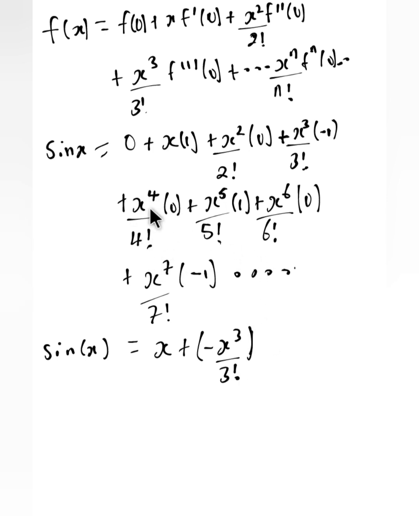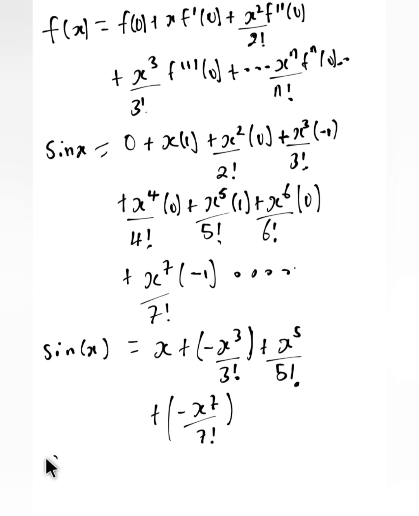Right, 0 times everything here is out of it, plus x raised to power 5 over 5 factorial. Then 0 times what we have here will disappear. 0 times x raised to power 6 over 6 factorial is 0. Then we have plus, minus 1 times x raised to power 7. That will give us minus x raised to power 7 over 7 factorial.